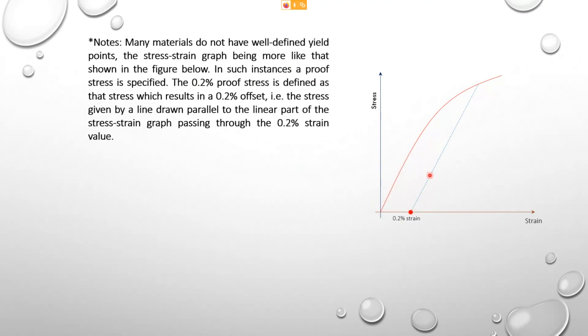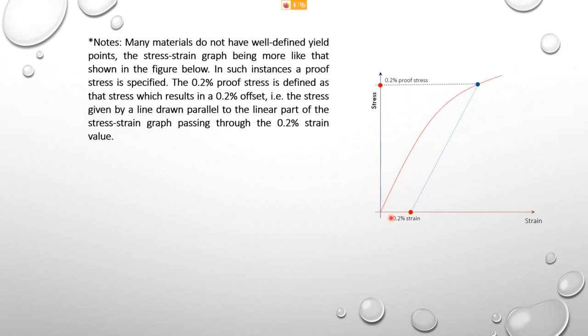From this point, you draw a dashed line, parallel to what I have drawn here, until it touches the red line, and then from that point you draw a horizontal line across. What you have here is known as the proof stress. So that is the 0.2% proof stress.